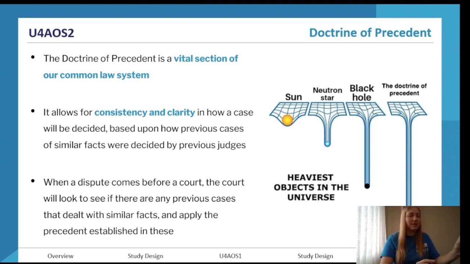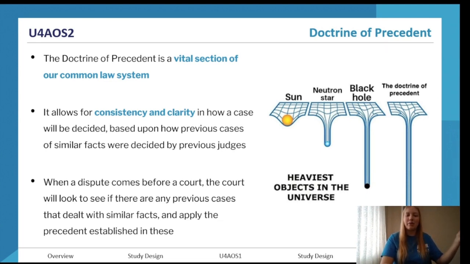So if a precedent is established in the High Court, for instance, it will apply to all of the levels of the courts except the High Court. The High Court will still be able to change the principle if another case comes along requiring a similar interpretation.